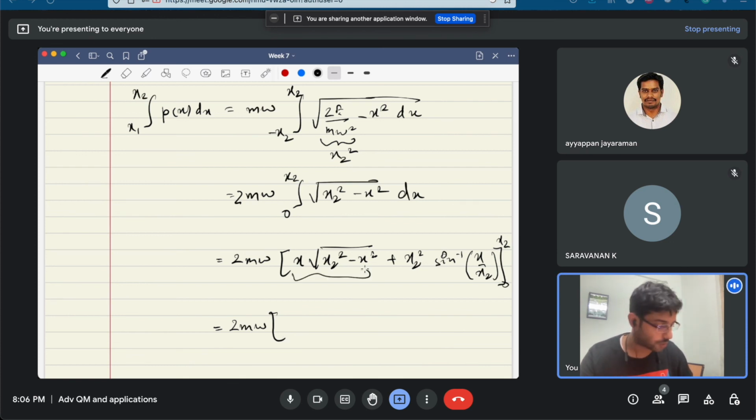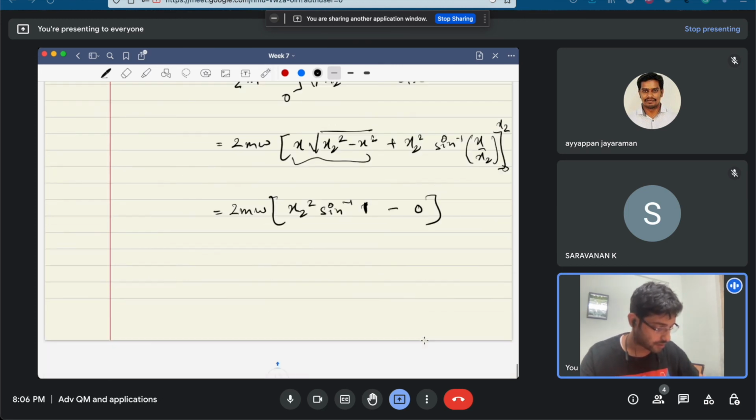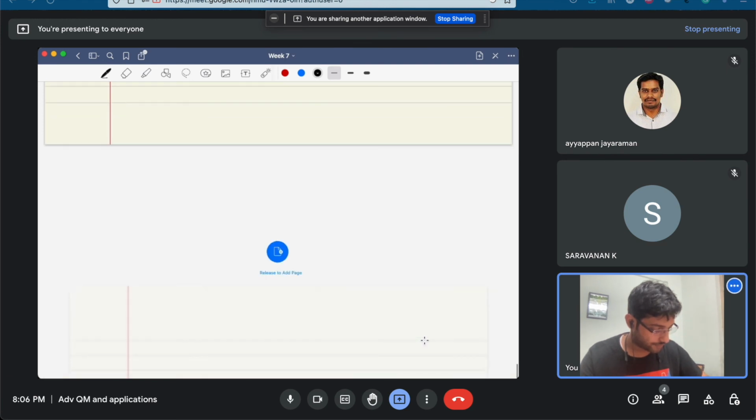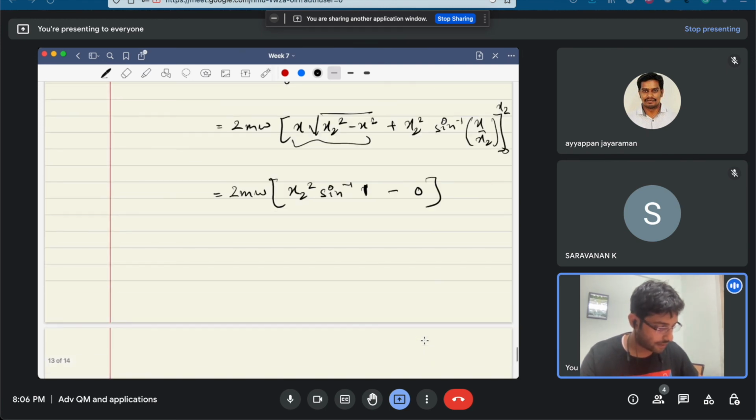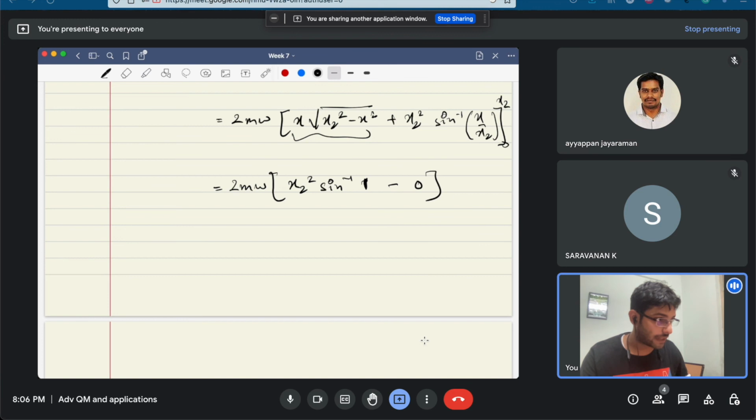And for the second term you get x2 square sine inverse of x2 by x2, minus sine inverse 0, which is 0, so it doesn't matter. And your sine inverse 1 is nothing but pi by 2. So putting this, you get x2 square pi by 2.